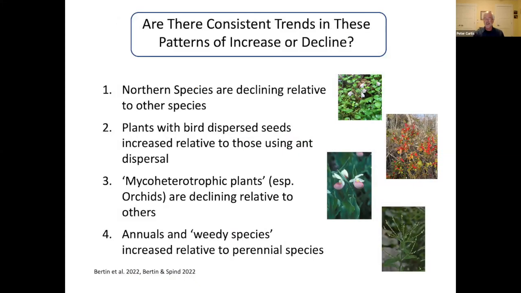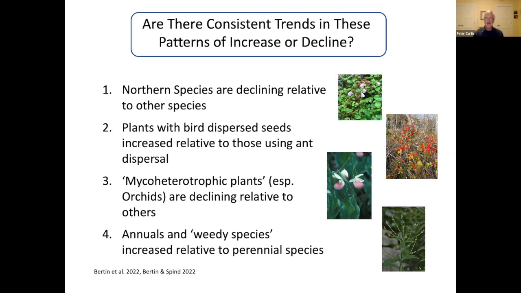So when we look at the overall analysis from Burton and colleagues' work in Franklin County, what were some of the things that they concluded when they looked at these species and the traits that they possessed to explain whether this pattern of either increase or decrease?